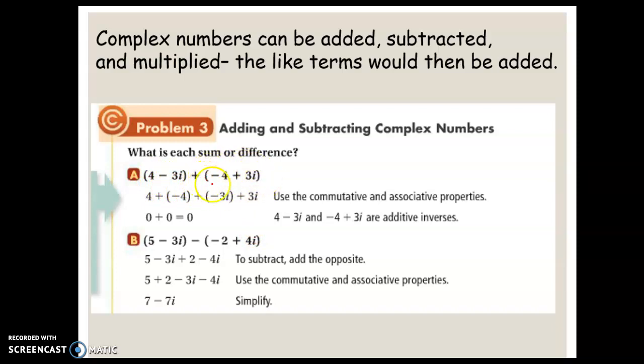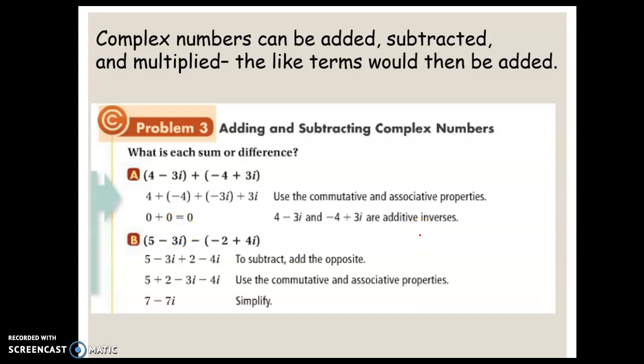The signs back here will remain the same because the plus is not going to change it any. So you would have 4 plus a negative 4 and a negative 3 plus 3. 4 plus negative 4 is 0. They both cancel out. And a negative 3i and a positive 3i would cancel out. So that's just 0. Everything's 0.